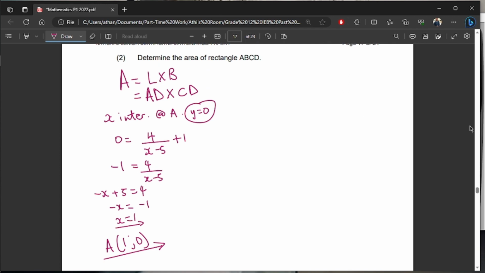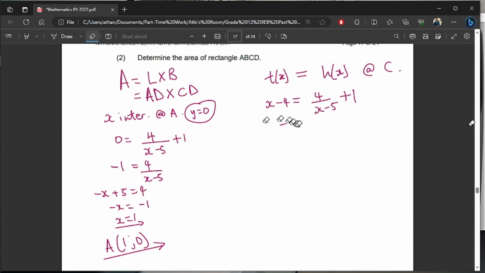Starting off with C, the equation of T is equal to the equation of H at C. So I make them equal. Our T was x minus 4, and our H is 4 over x minus 5, plus 1. Before cross multiplication, how did I forget that 1 there?